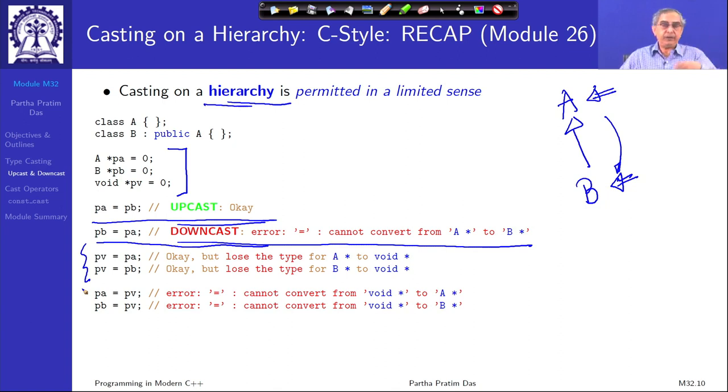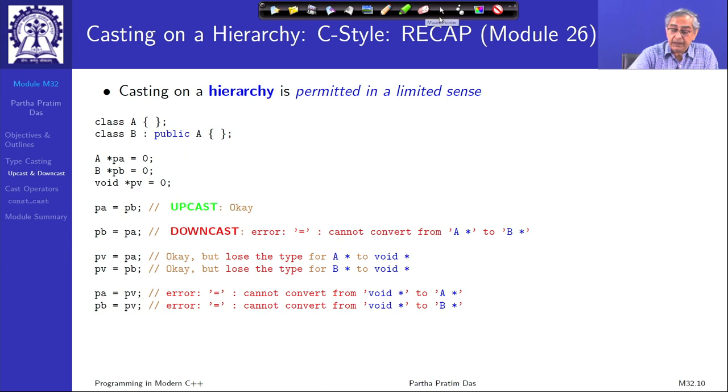I can take any pointer and put it to void star implicitly. I will lose the type information, but there is nothing wrong going on. But I obviously cannot do the reverse. I cannot take a void star pointer and say that it is a pointer of type A or pointer of type B, because I certainly am trying to assume something which the compiler has no way to verify.